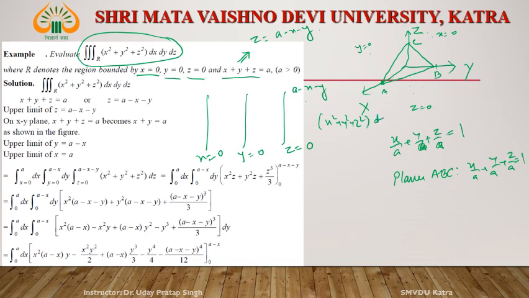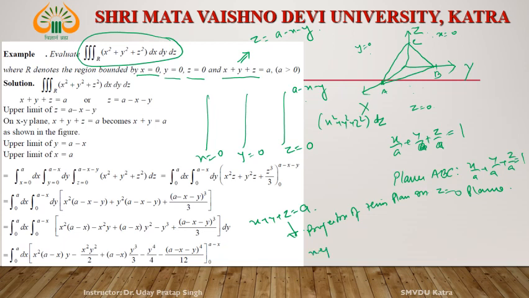First we have to evaluate with respect to z. Again, since x plus y plus z equal to a, take the projection of this plane on the z equal to 0 plane.